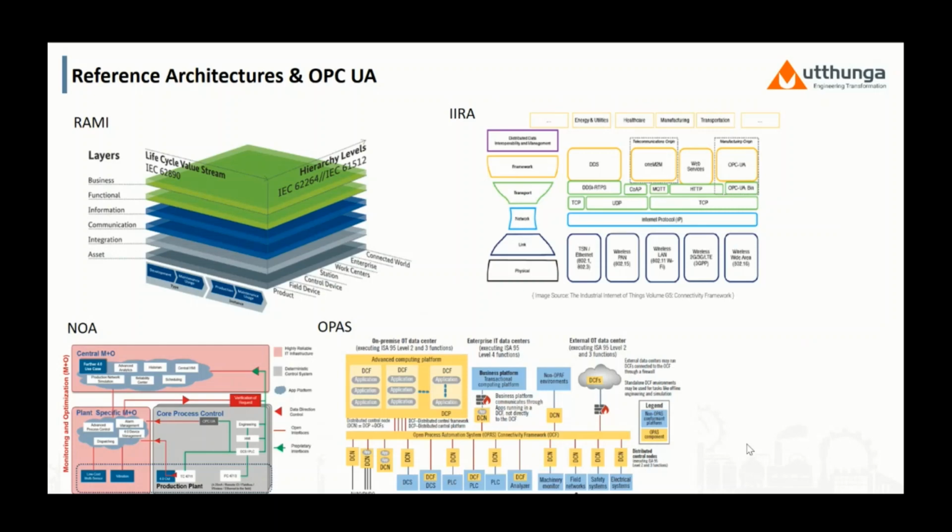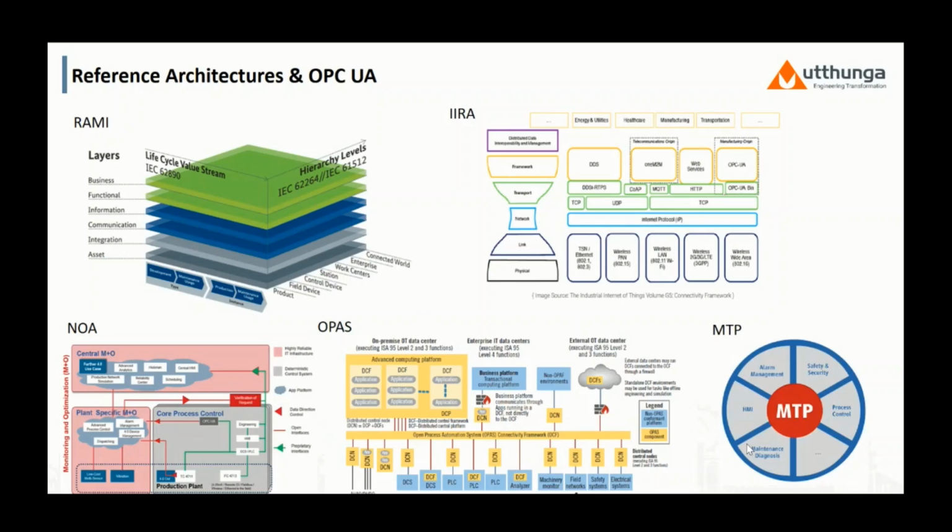It is from the OPAF community. Once again, they talk about service-oriented architecture and how modular systems can be built. And then finally, we have Module Type Packages, which is emerging, and they also talk about modular architectures.